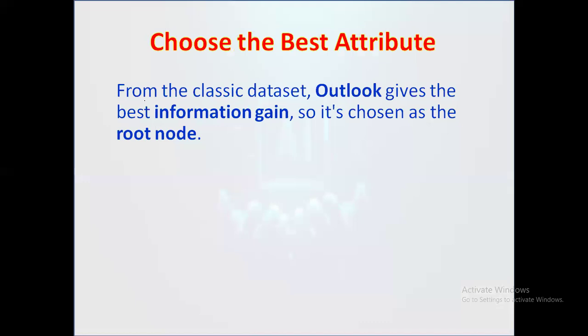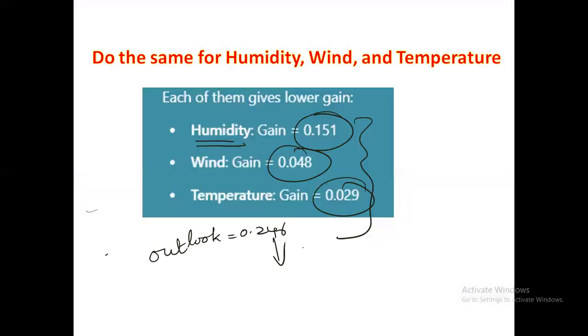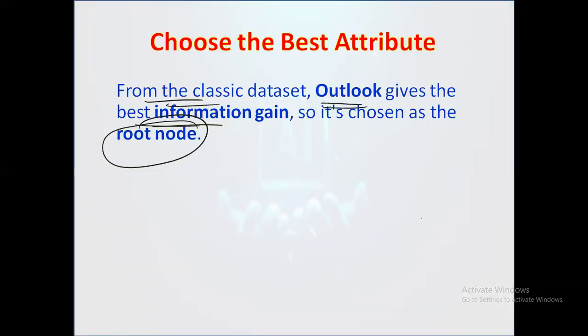From the classification data set, Outlook gives the best information gain, so it has been chosen as the root node. How are we calling it the best root node? Because Outlook gives the maximum gain value. Based on the gain, we choose the parent node, so Outlook is the parent node and the root node.